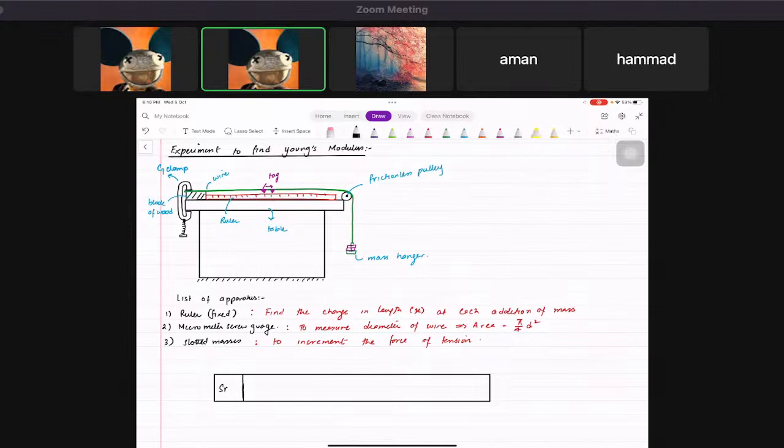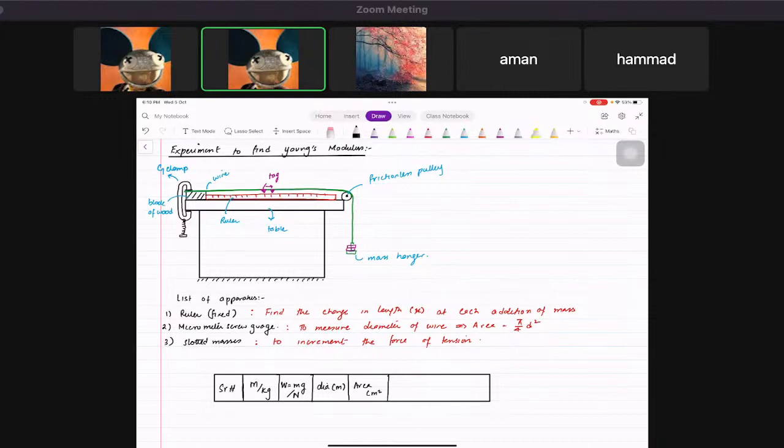So you need serial number, mass in kg, weight which can be found by mg in newtons, then the diameter in meters, and area in meter square.